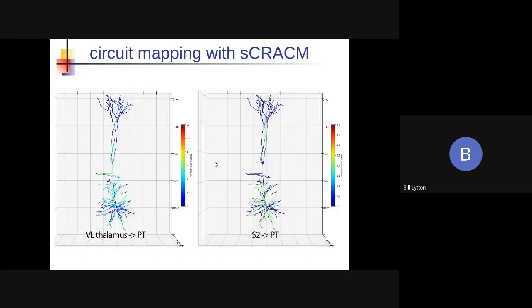And this is a figure from Salvador's work where we looked at data from Ben Suter and Gordon Shepherd Jr. to identify how we could map the circuit with what's called SCRACM, which is subcellular channelrhodopsin associated circuit mapping.